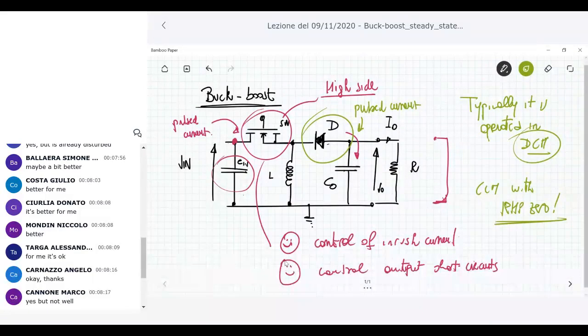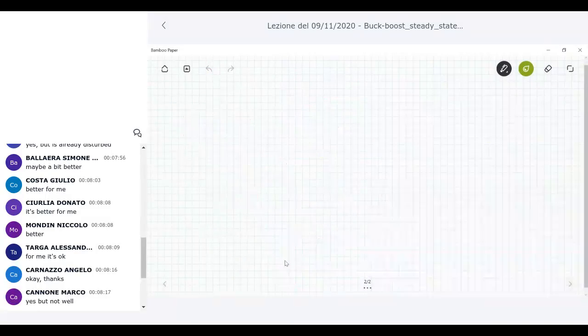So typically not CCM, but it is operated in DCM. But it is something that we can learn in successive lectures. Anytime you have some properties that are inherent to the boost, in that case you can have the same features, that you should operate it typically in DCM, discontinuous conduction.